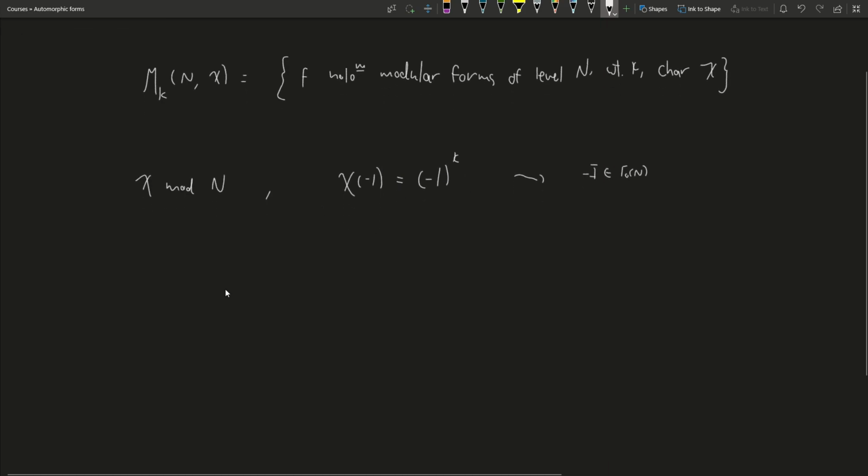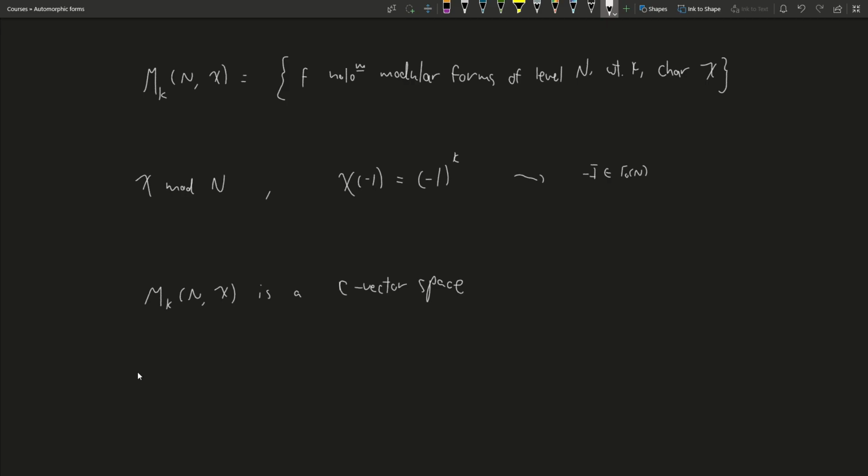Now, the set of these modular forms is a vector space over C, and it has an inner product.